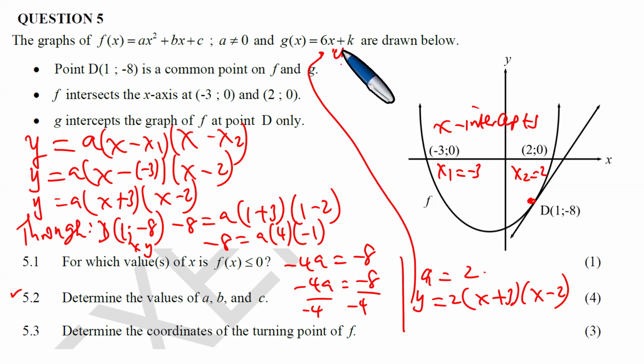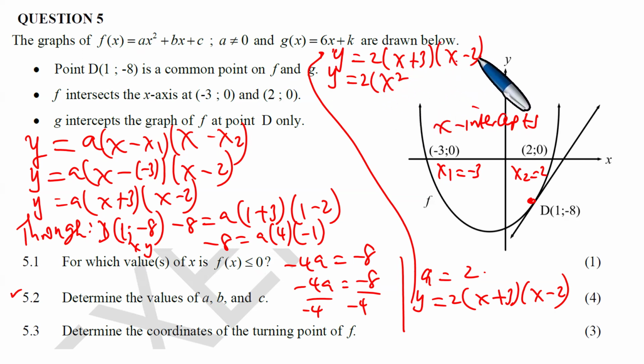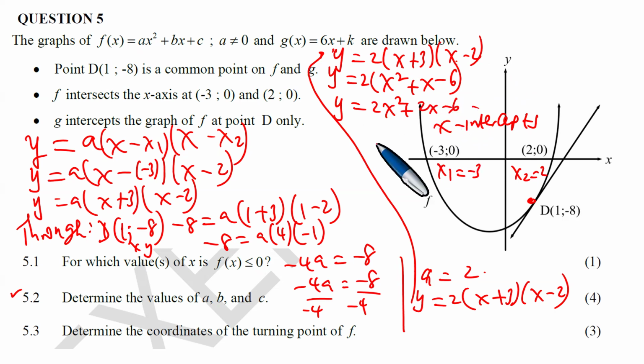And this is y equals 2(x plus 3)(x minus 2). And this is y equals x times x is x squared. x times -2 is -2x, plus 3x, which is exactly plus x, minus 6, because 3 times -2 is -6. And then we have y equals 2x squared plus 2x minus 6, like so.